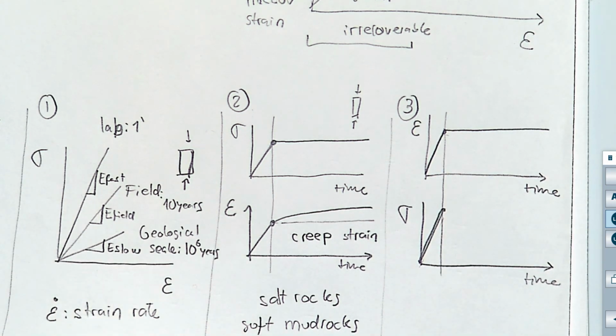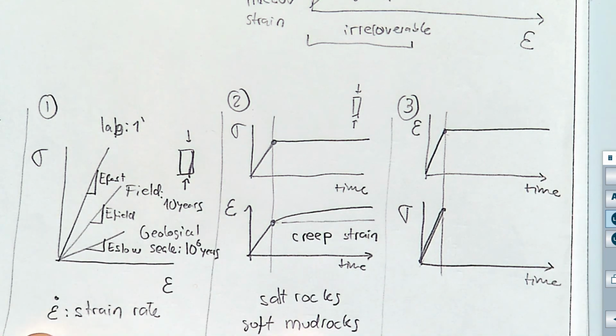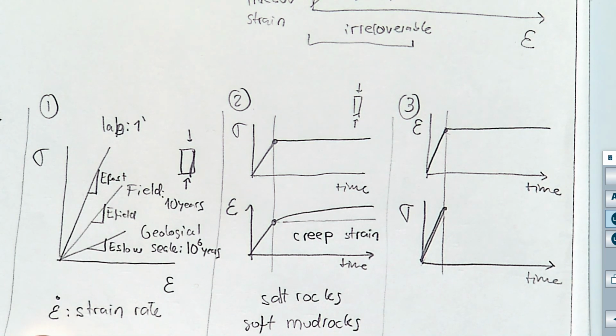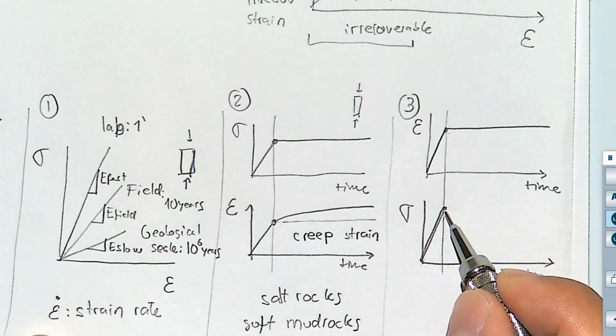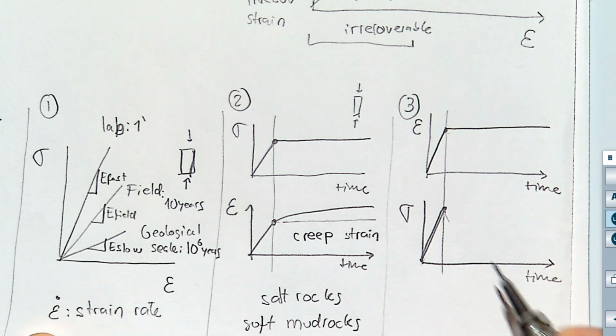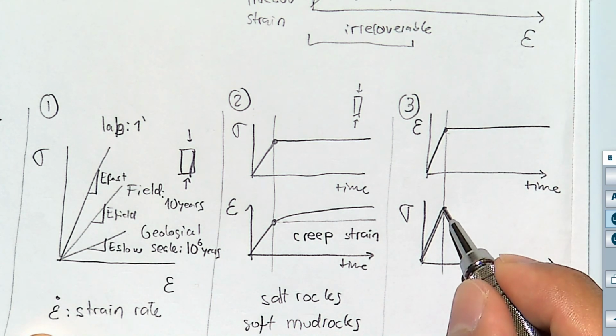If I keep it constant, what do you think would happen with stress in a viscoelastic rock? A viscoelastic rock doesn't like stresses, it tends to deform in order to accommodate stresses. So if you keep the strain constant, then the stress will go down and will relax. So these rocks that don't like stress, they relax.